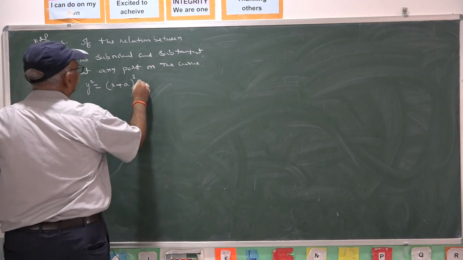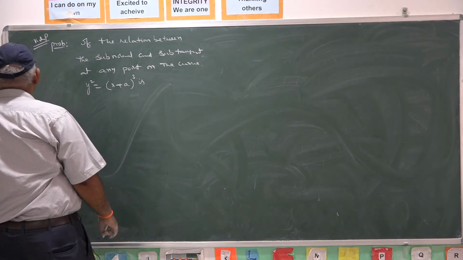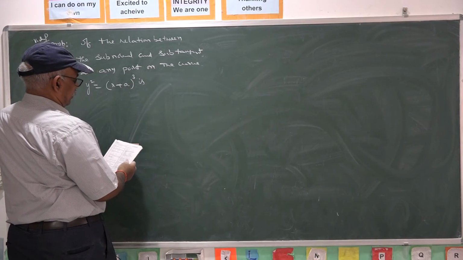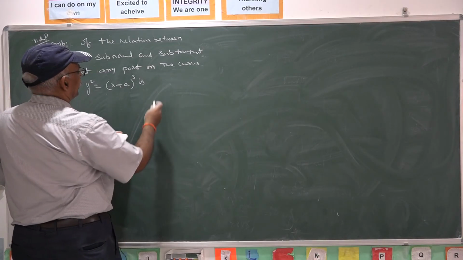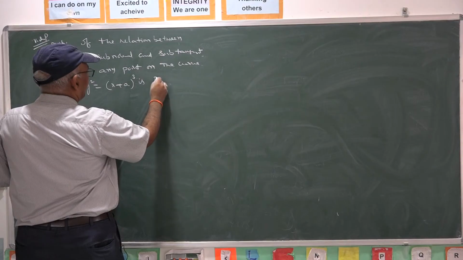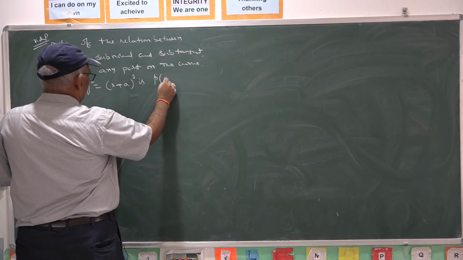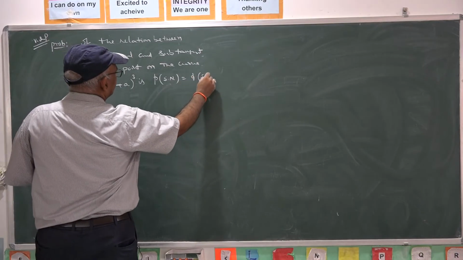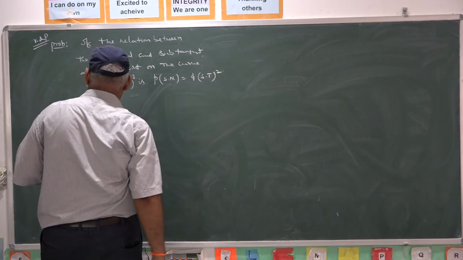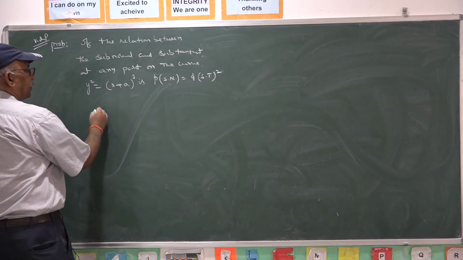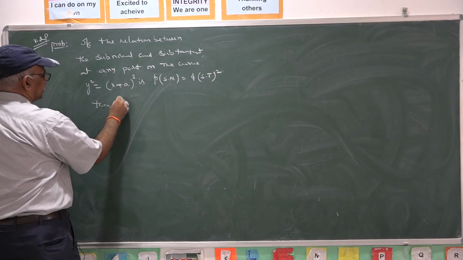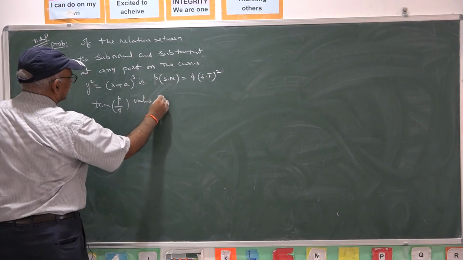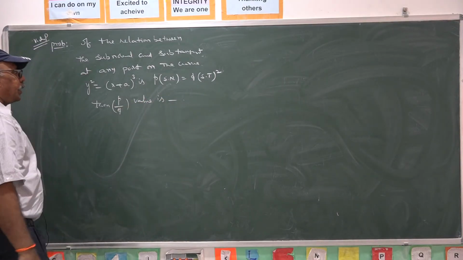is p into subnormal equal to q into subtangent square, then find p by q value.